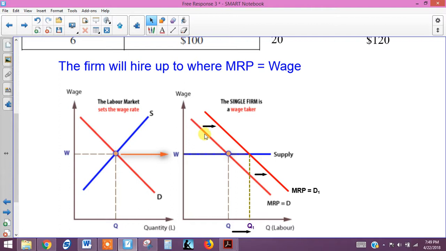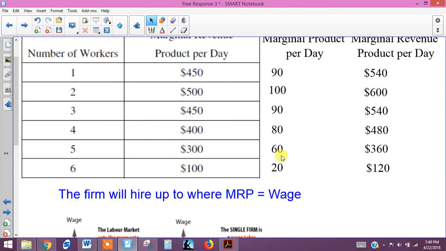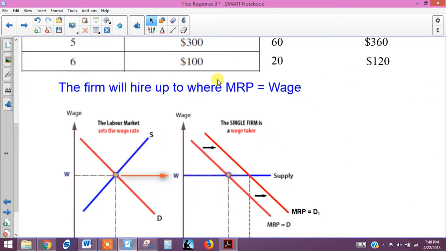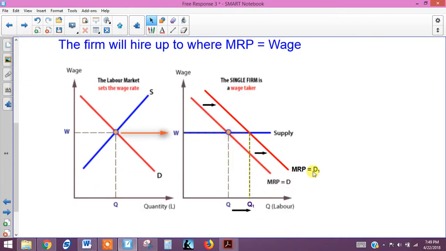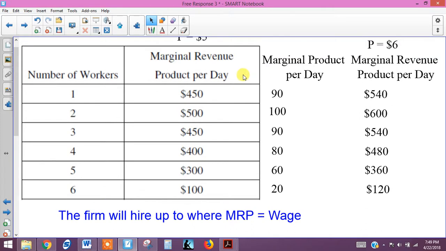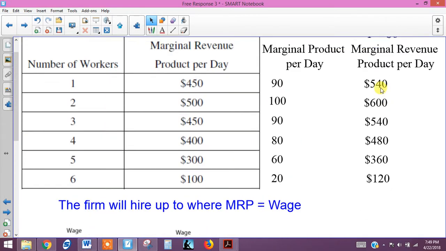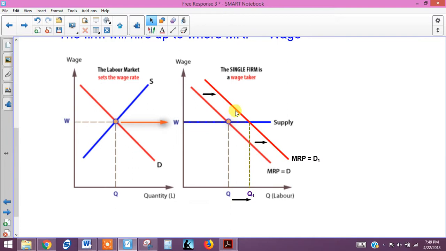This first demand curve, or marginal revenue product, which is the same thing, is at a price of 5. Then when the price goes up, at every quantity level of workers, that's a shift. So we shift out to the right.